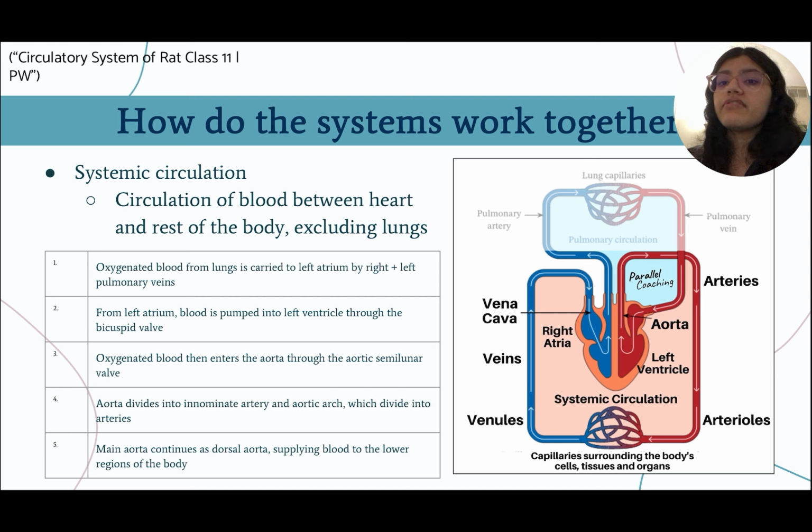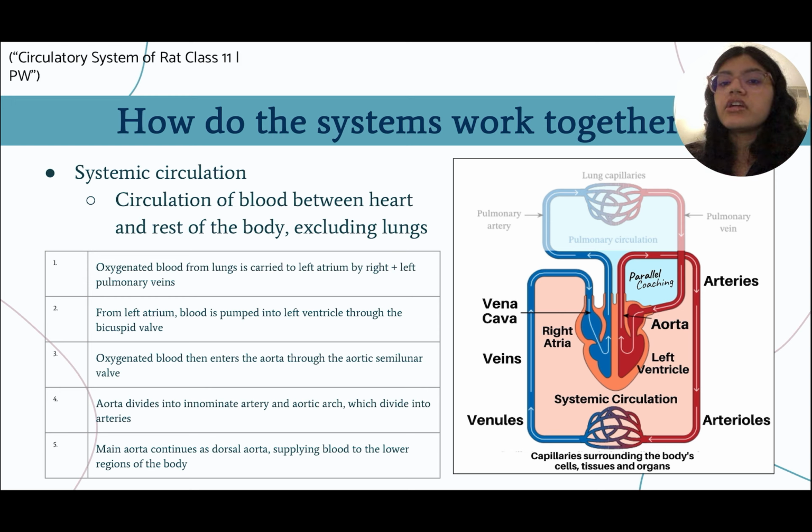From the left atrium, the blood is pumped into the left ventricle through the bicuspid valve. This is like the tricuspid valve, also a valve that prevents backflow, just for the left ventricle instead of the right ventricle this time. Then this reoxygenated blood will enter the main artery, the aorta, through the aortic semilunar valve, which, like the bicuspid and tricuspid, prevents backflow of blood.